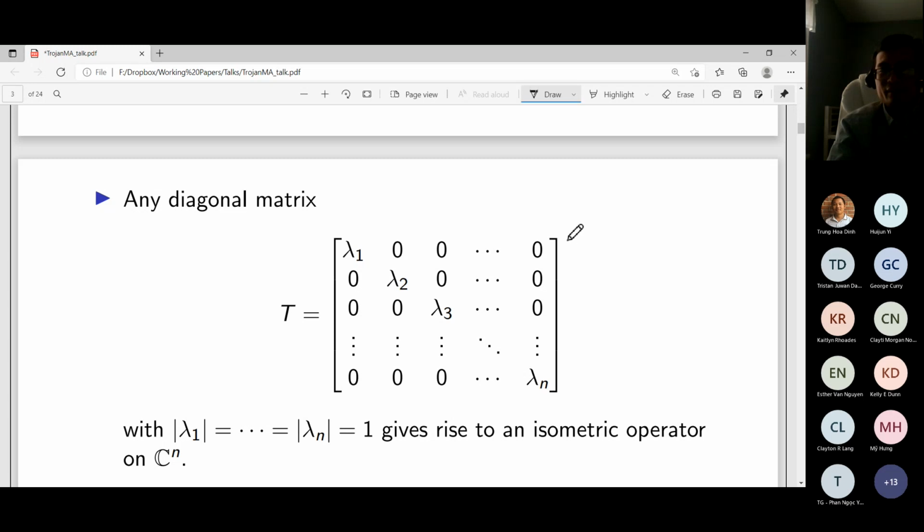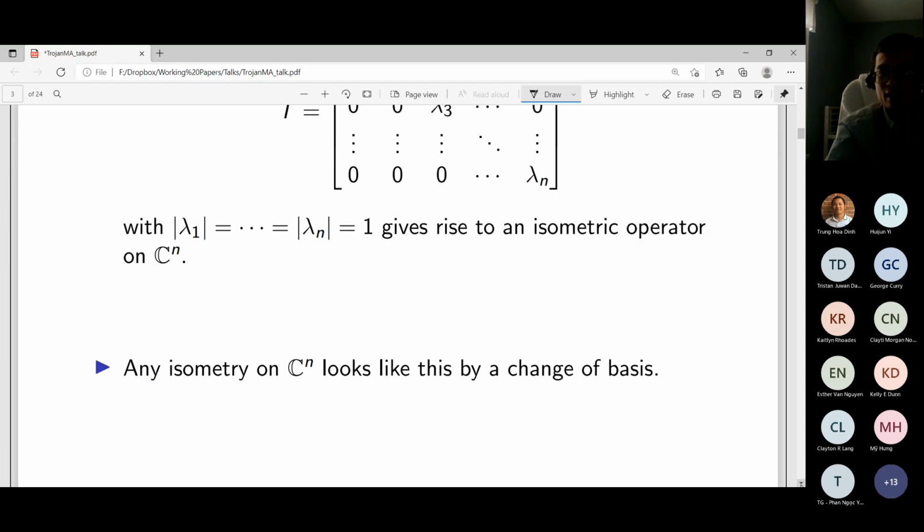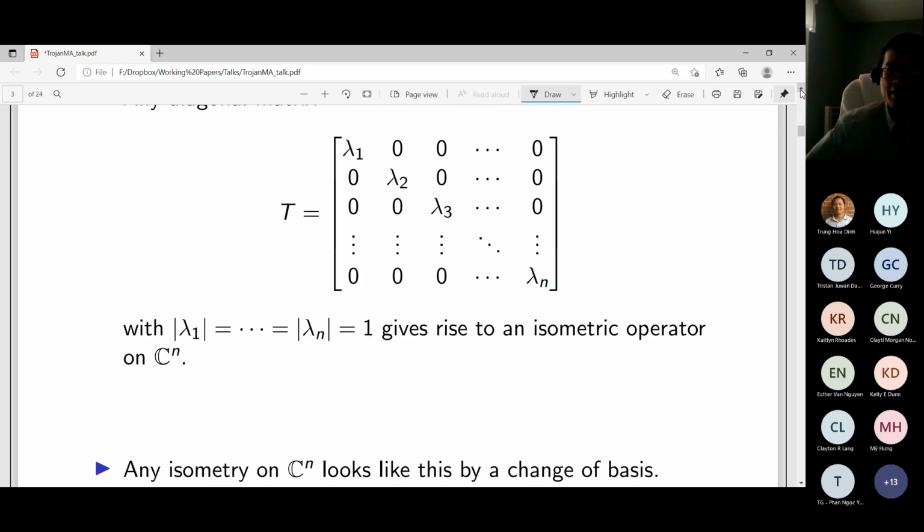It turns out, by a result in linear algebra, any isometry on C^n looks like the above format after we change the basis. It's known as diagonalizing an operator on C^n, or also the spectral theorem for linear operators on C^n.